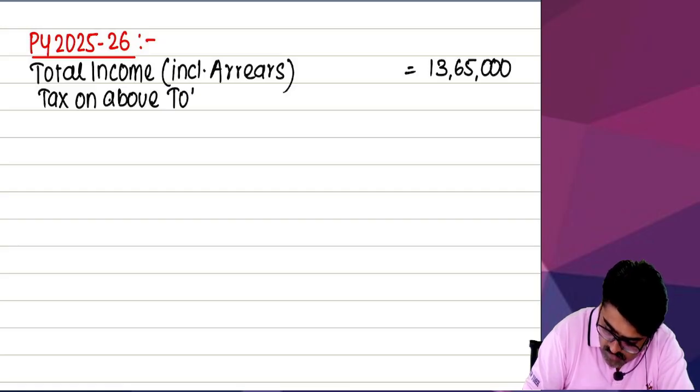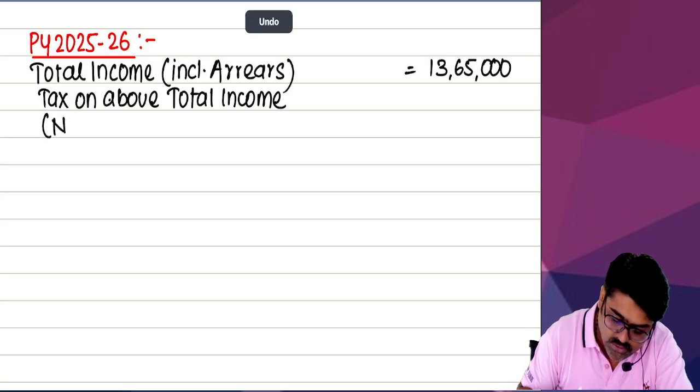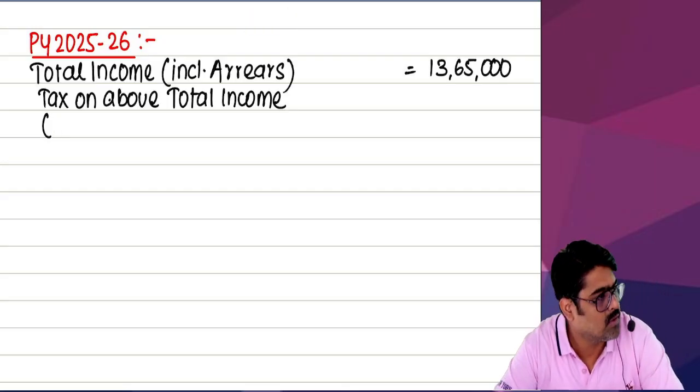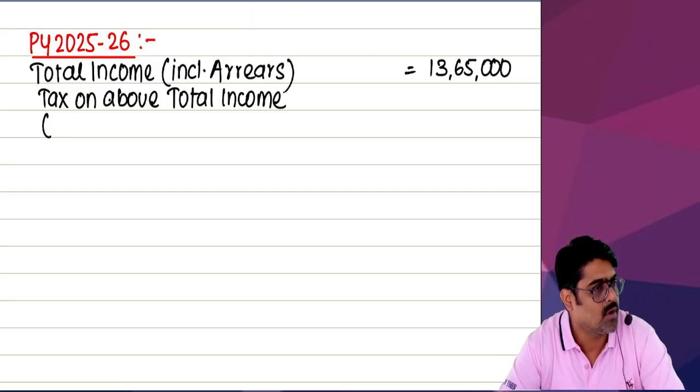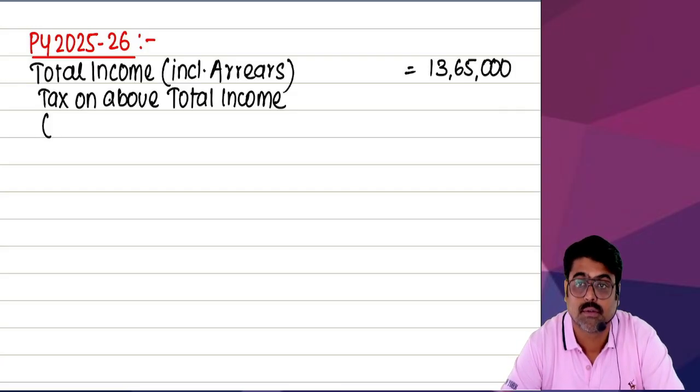See, you are all calculating different amounts of tax. Tax on the above total income: as he is a senior citizen opting out of the default tax regime, the basic exemption limit is 3 lakhs.